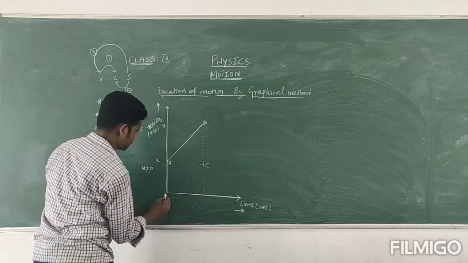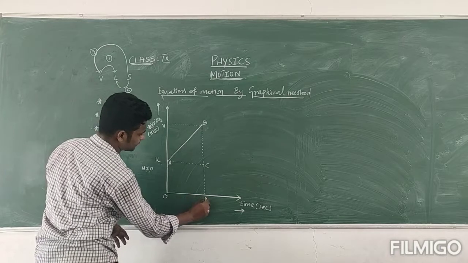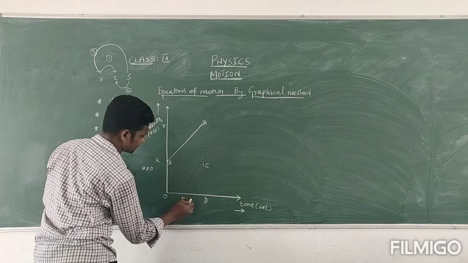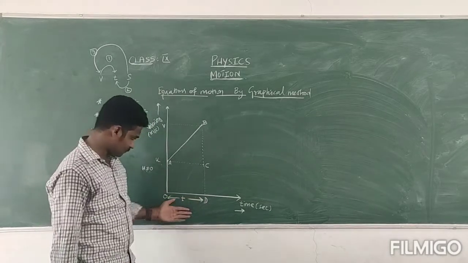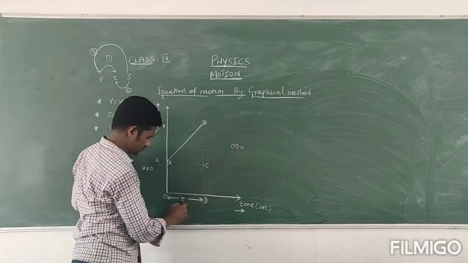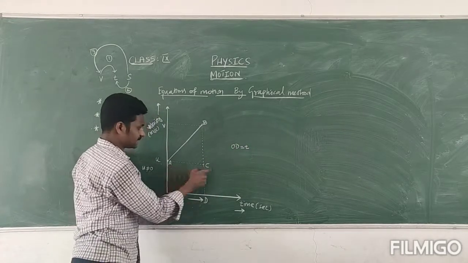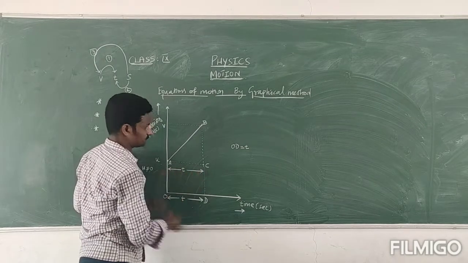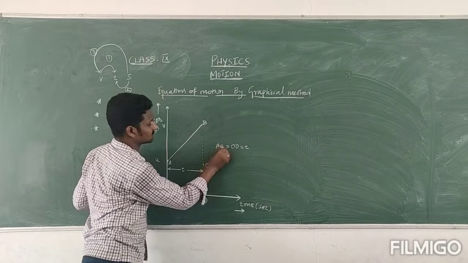This is O, and this point is D. So this OD is like the time factor, that is T. From the graph, OD is equal to time. Not only OD, AC also is time. So we can write AC also as time.